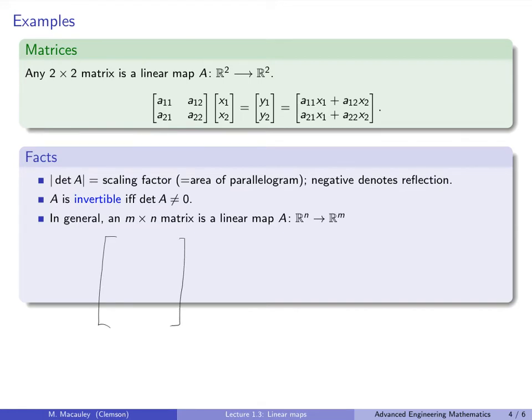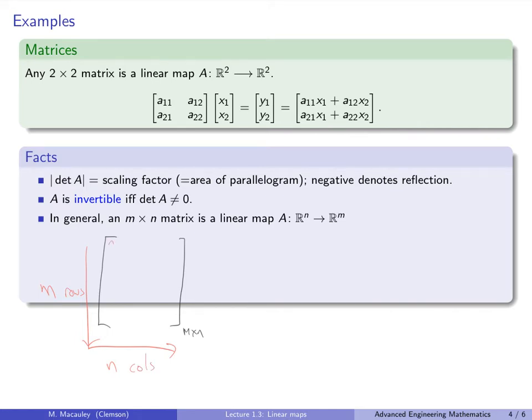So let's consider an m by n matrix. Here's how I always think of it. I draw an L like this. So I go down and then over. And I say if this is m by n, then that is m by n. So m by n means m rows and n columns.